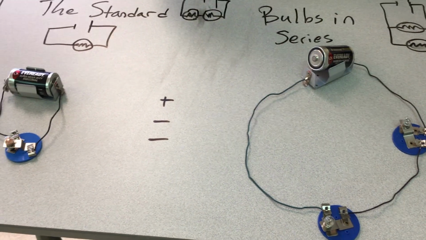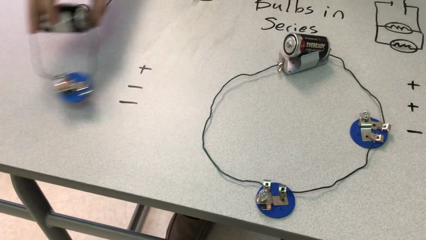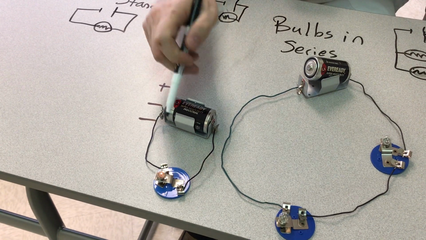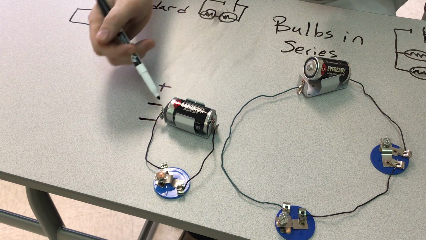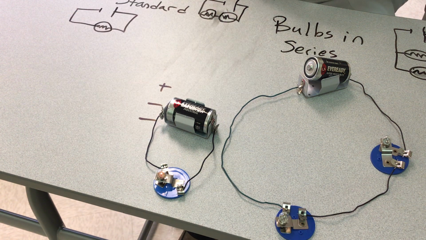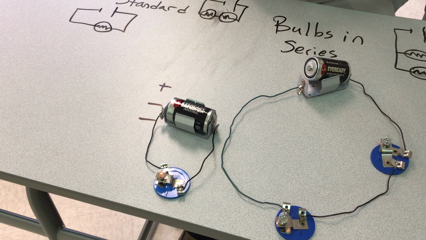I'm trying to think to myself, what is going to happen? When I took my standard with 1 bulb, 1 cell, it had a certain amount of brightness. When I added an extra cell, the bulb got brighter. So what happens when I don't change the amount of energy, but I have 2 bulbs?